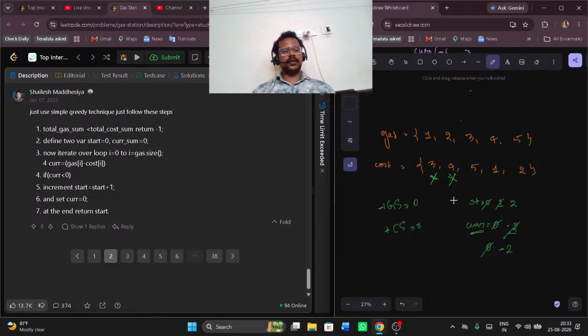Okay, current sum. Okay, now here 3 minus 5 is minus 2, so here I cannot have it. I'm just incrementing and keeping it as 0. 4 minus 1 is 3.